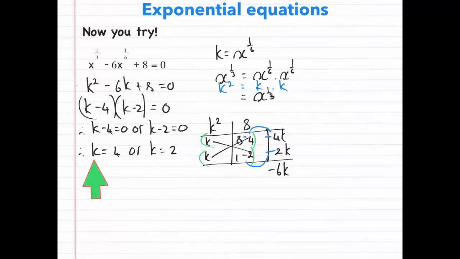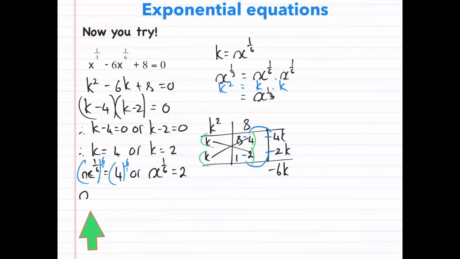Now what is k? k is x to the power of a sixth. So x to the power of a sixth is equal to 4, or x to the power of a sixth is equal to 2. And therefore we raise this side to its reciprocal, 6 over 1. We raise this one to 6 over 1.